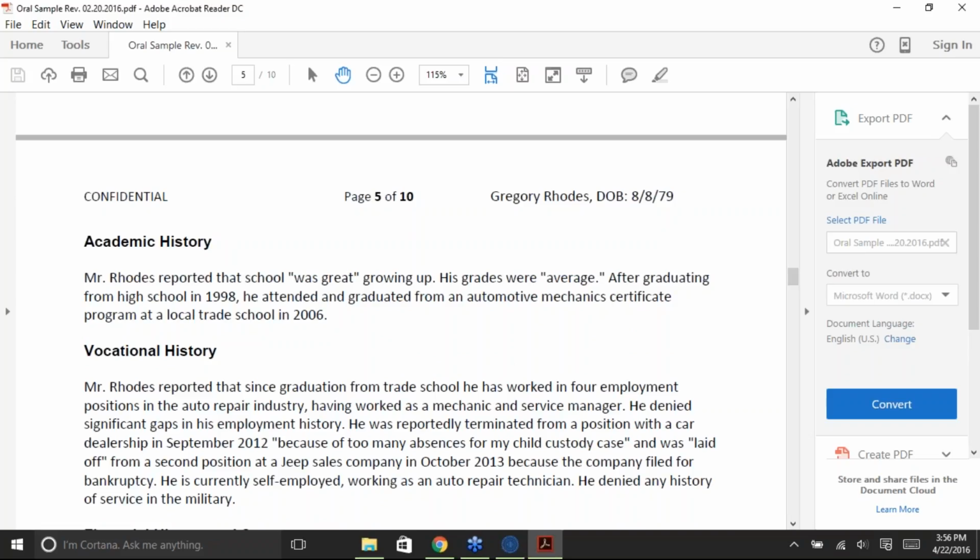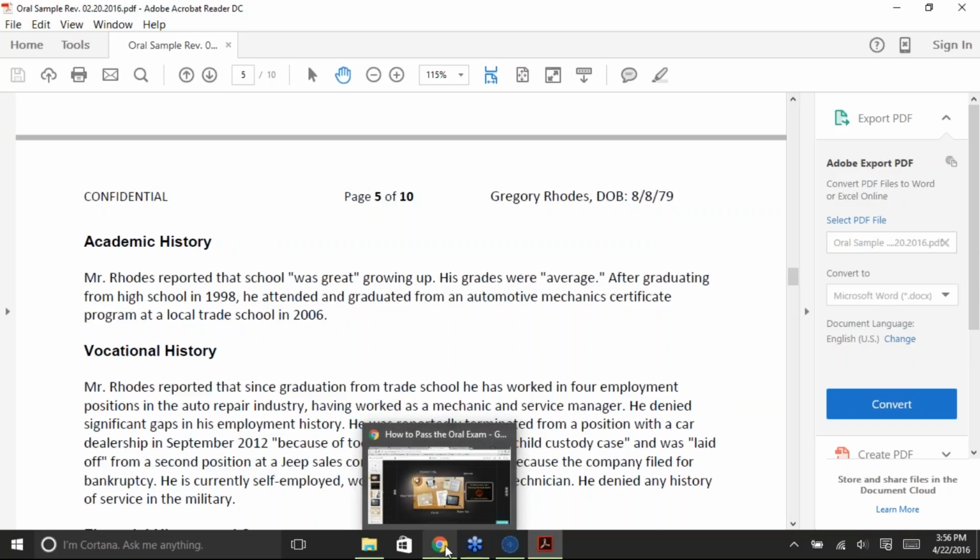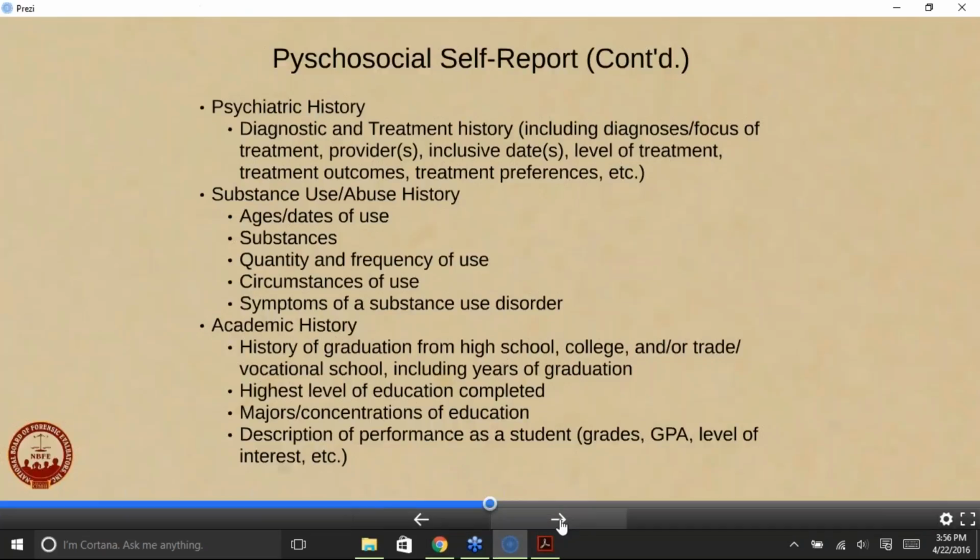Okay, so let's go into academic and vocational history, going back to our slides here. Academic history: their history of graduation from high school, college, and or trade or vocational school, including years of graduation.